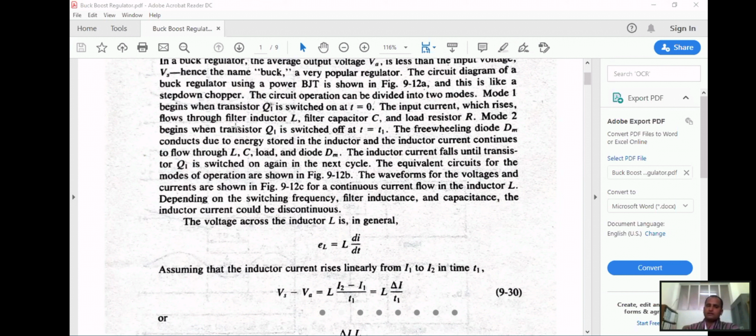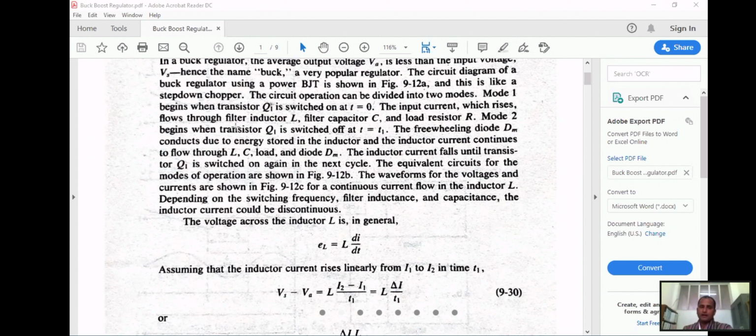So it is just the switching on and switching off of a power BJT. You can use other types of power electronic devices also. We are just focusing on the BJT now, but you can even use a power MOSFET or other power electronic devices. But we are focusing on the use of power BJT in this case.